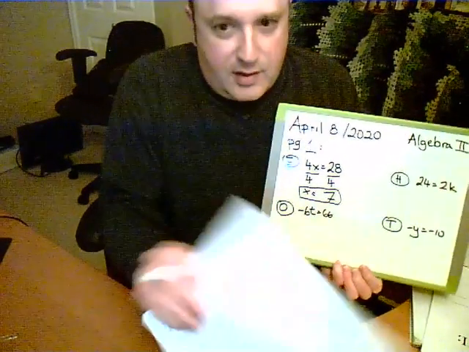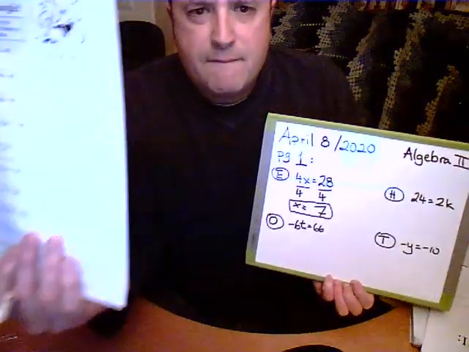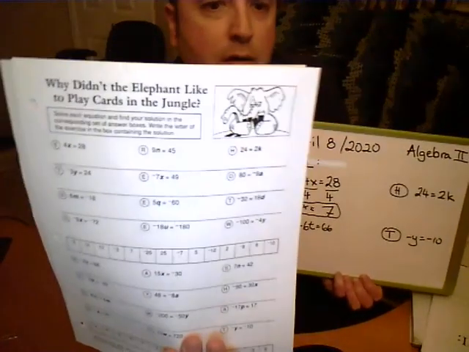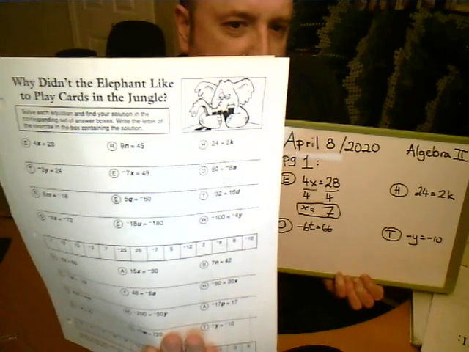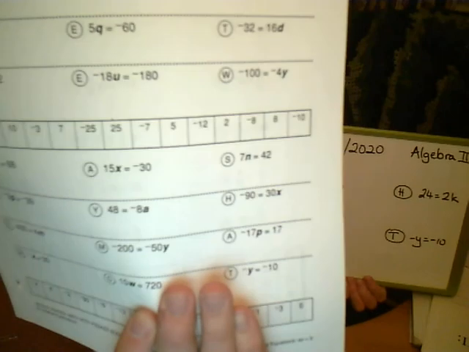And so if you look on the booklet, letter E, you get a value of 7, so 7 is right there in the middle. You see it?